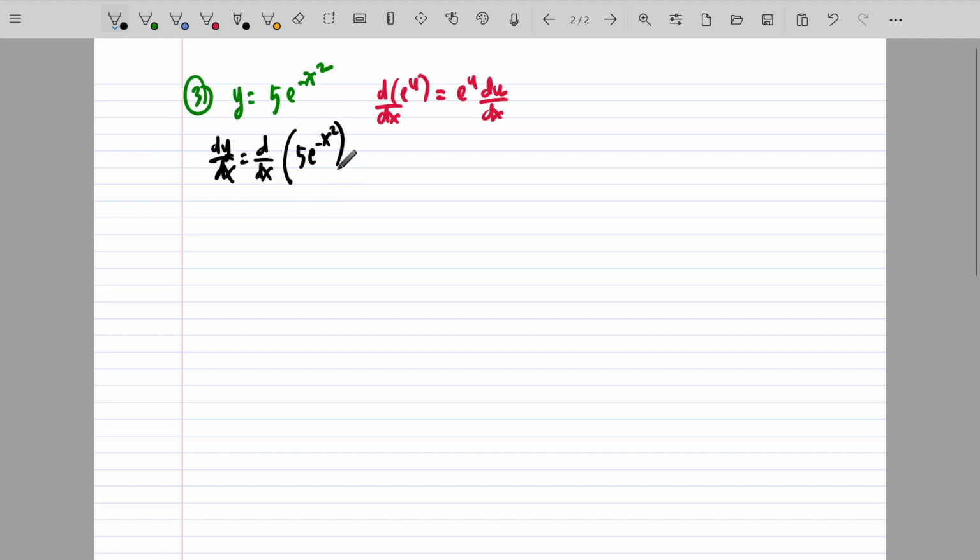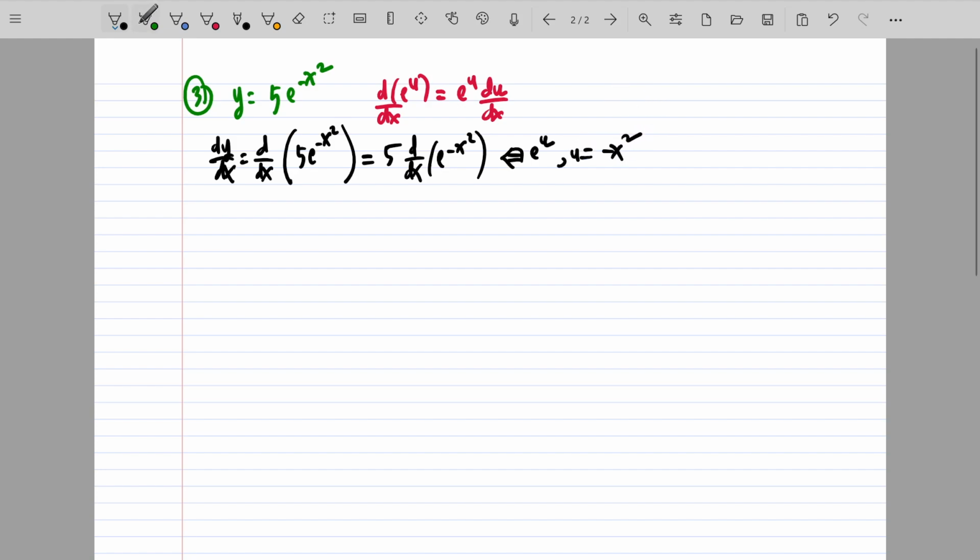So we have a constant, and you can take it out. So 5 times the derivative with respect to x of e raised to negative x squared. Now, if you compare this with e raised to u, that means our u is negative x squared.